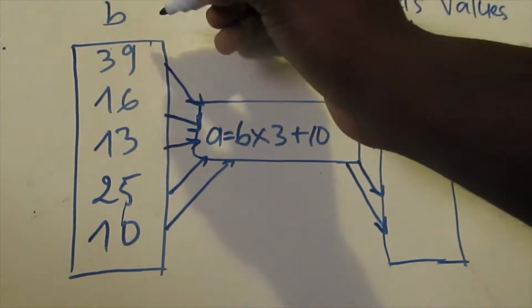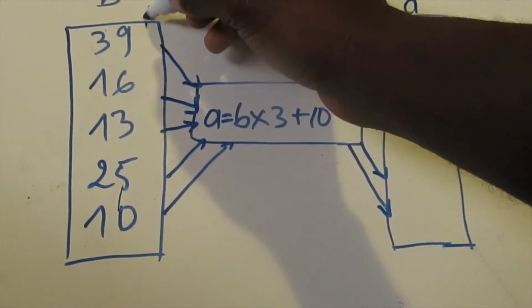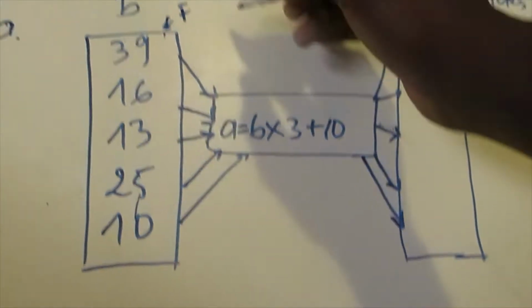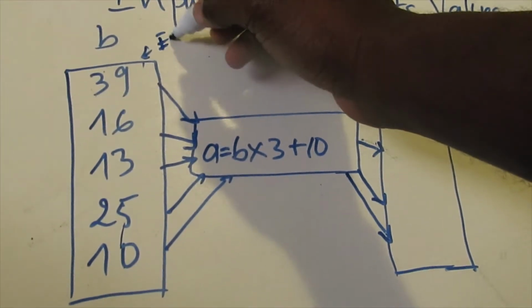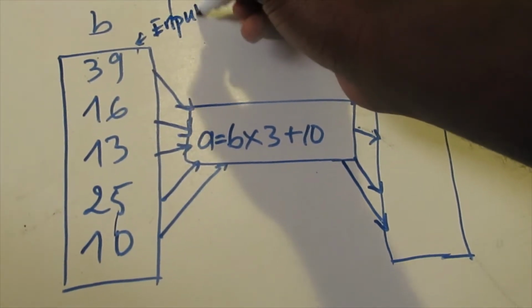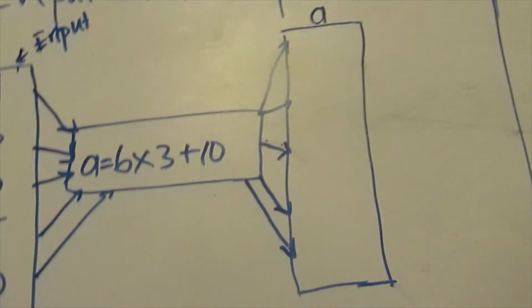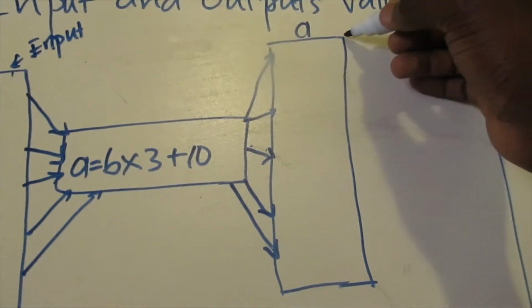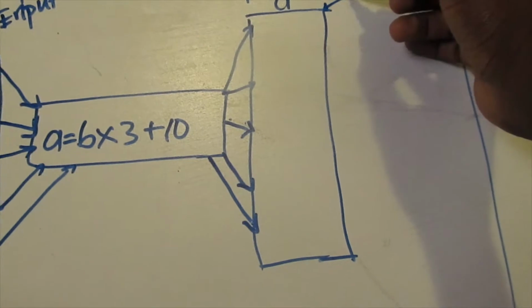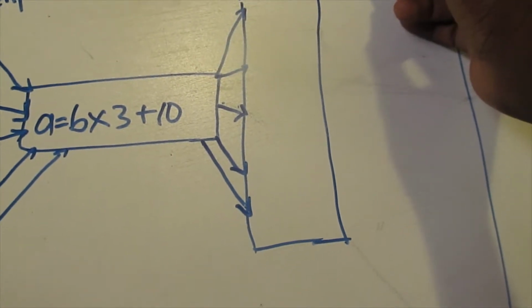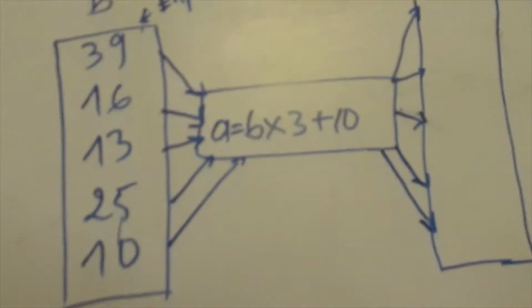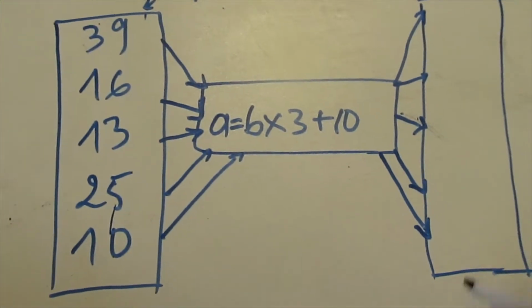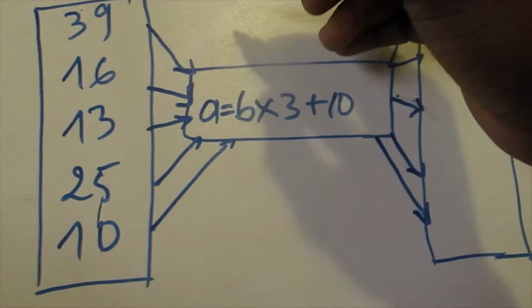So we have our input, all this one here, and this side here we have our output. All these values are our output. So now to calculate this, we must look at the rule first.